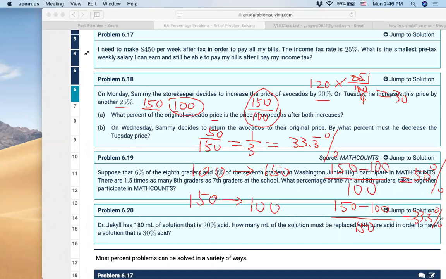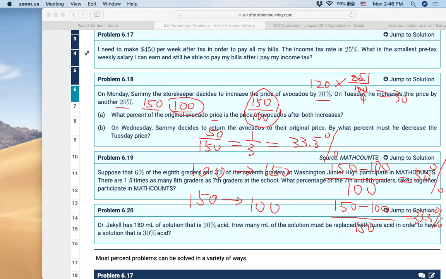If you decrease by 50%, what number do you get? Lucy, if you decrease 150 by 50%, you would get 75, not 100. Here I just want you to understand that if you increase, you need a larger percent than when you decrease.